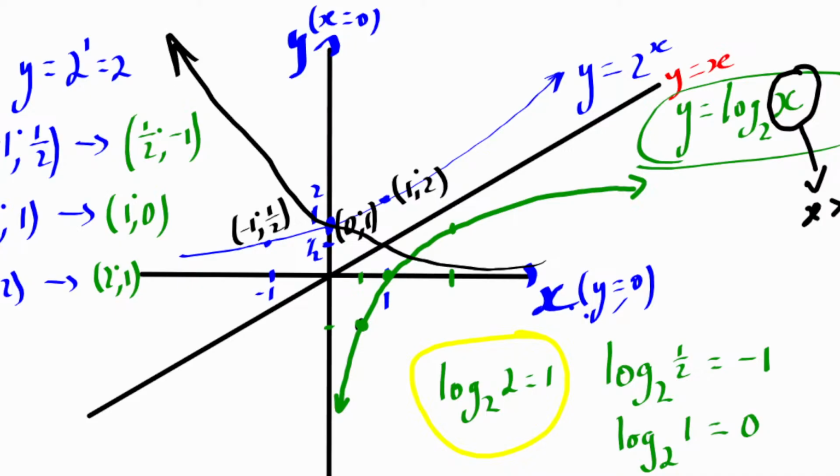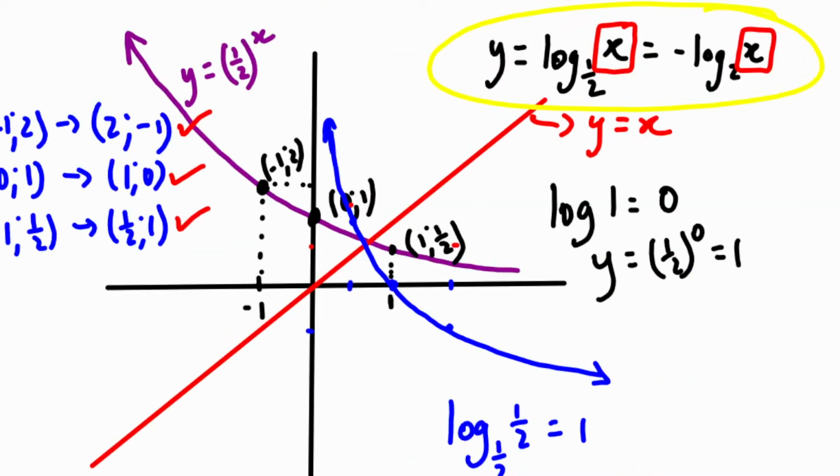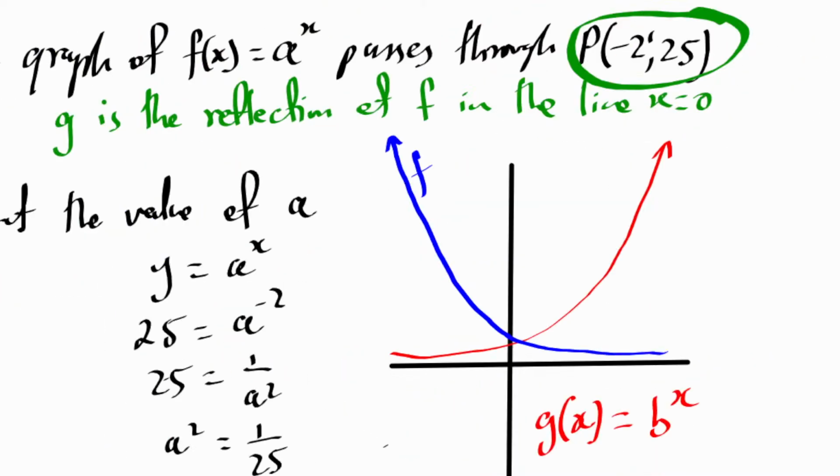That's what reflection on the y-axis does. I'm bringing up the reflection on the y-axis because they said g is the reflection of f in the line y equals x. So this is what g is. And I'm reminding you that you need to remember what reflection on the y-axis does to the exponential function.